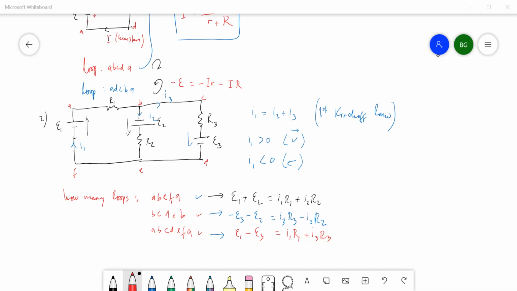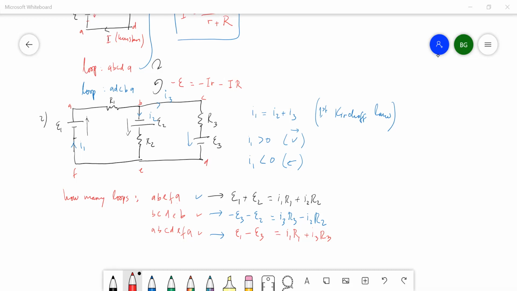Sir? Yes? If our assumption of the loop direction, whether clockwise or counterclockwise, results in a negative, is it recommended for us to turn it into a positive?